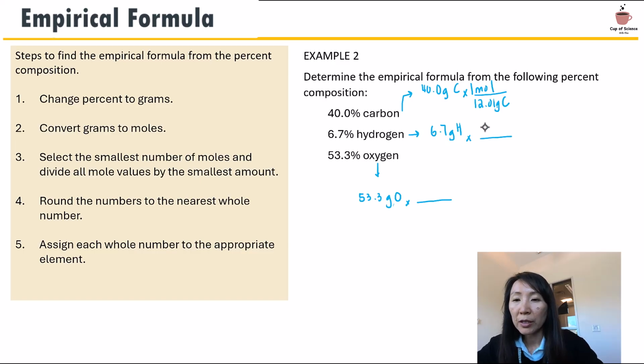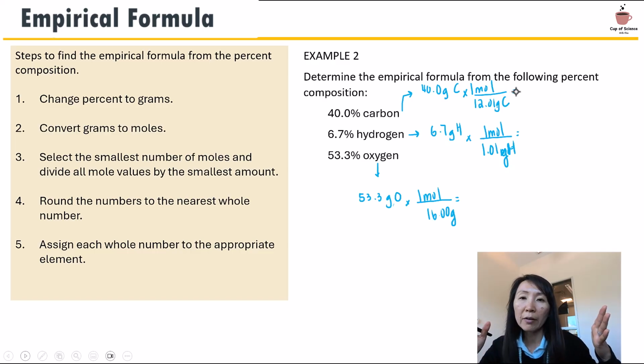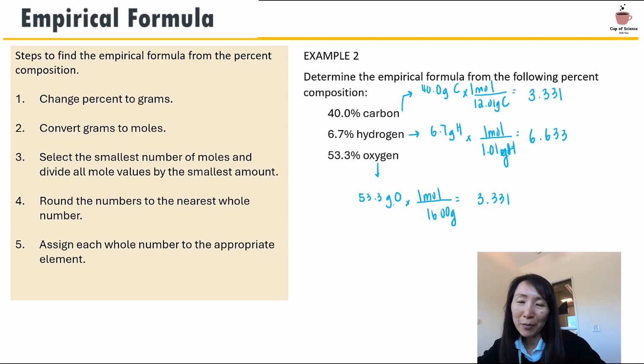For hydrogen, it is 1 mole of hydrogen for every 1.01 grams of hydrogen. For oxygen, every 1 mole of oxygen has 16.00 grams. So you're going to go ahead and calculate all of the moles and come back and check the key. Here are all the moles I calculated.